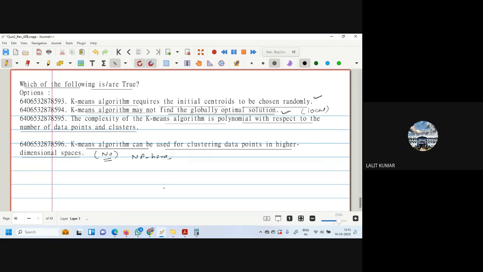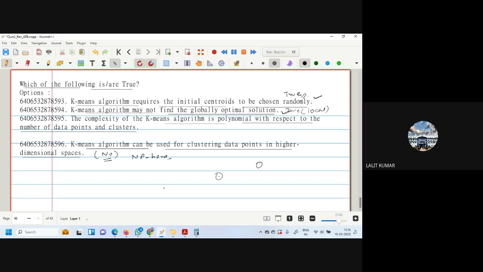So is it correct that K-means algorithm requires the initial centers to be chosen randomly? This is true. We have seen from our earlier courses also. These clusters which we are selecting are selected randomly. Yes, so this is also true.